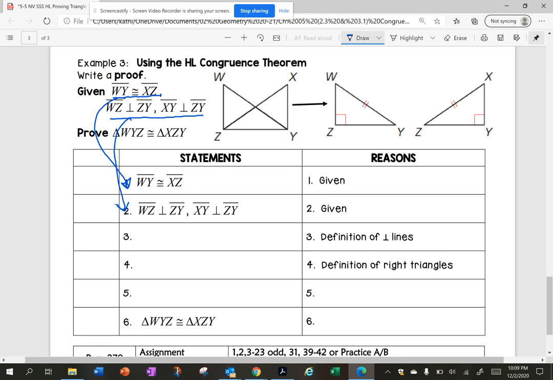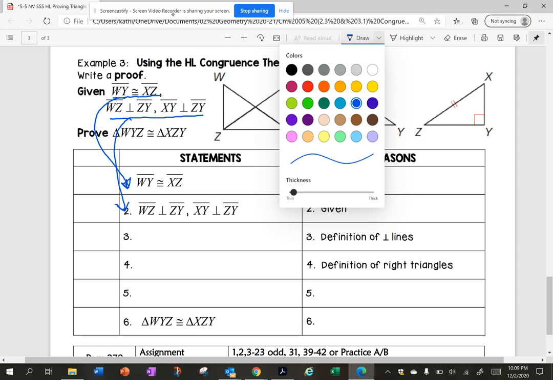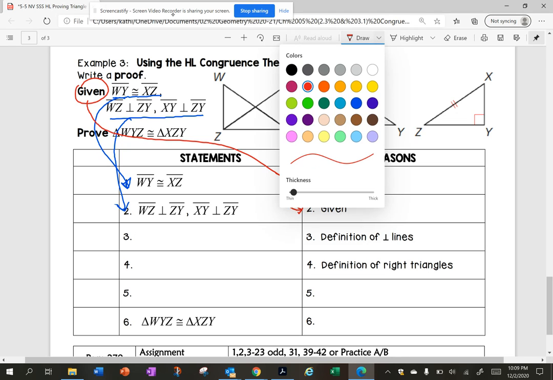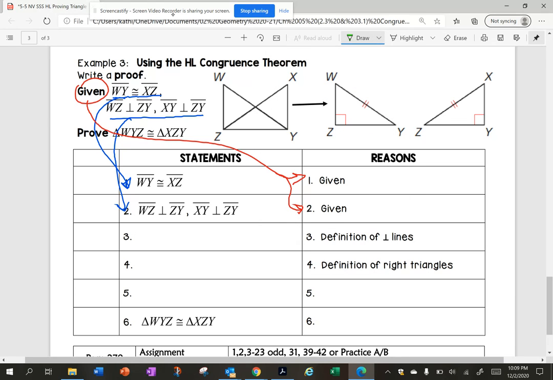So that's telling me I have right angles. So I put that information in the statements. Whatever I'm given to begin, those are the reasons I put. And then I am proving, this is what I'm doing. And I put that as my last statement. So I'm trying to prove these 2 triangles are congruent.